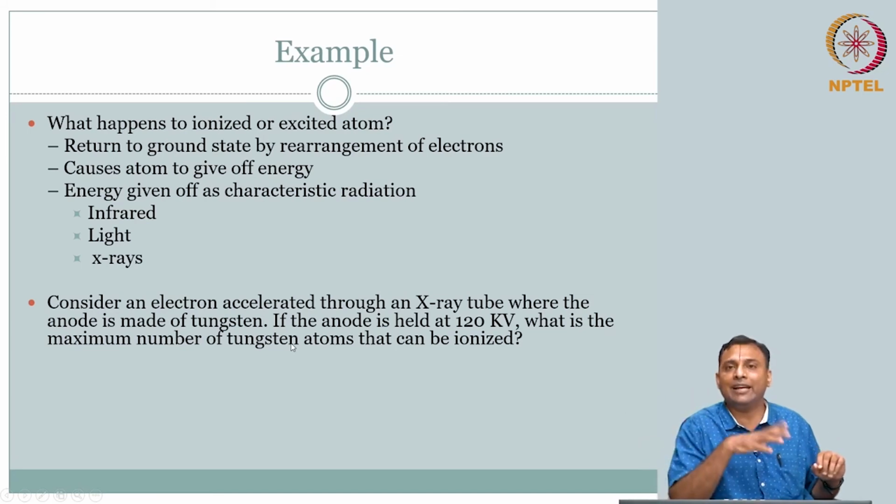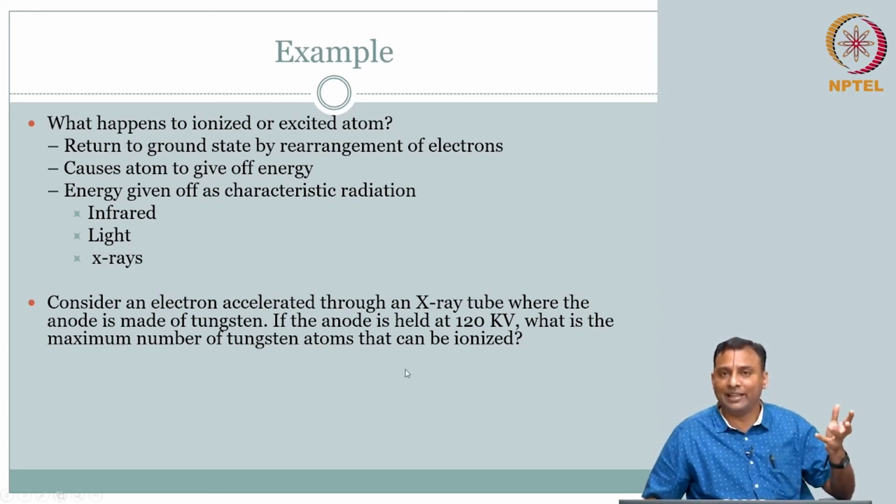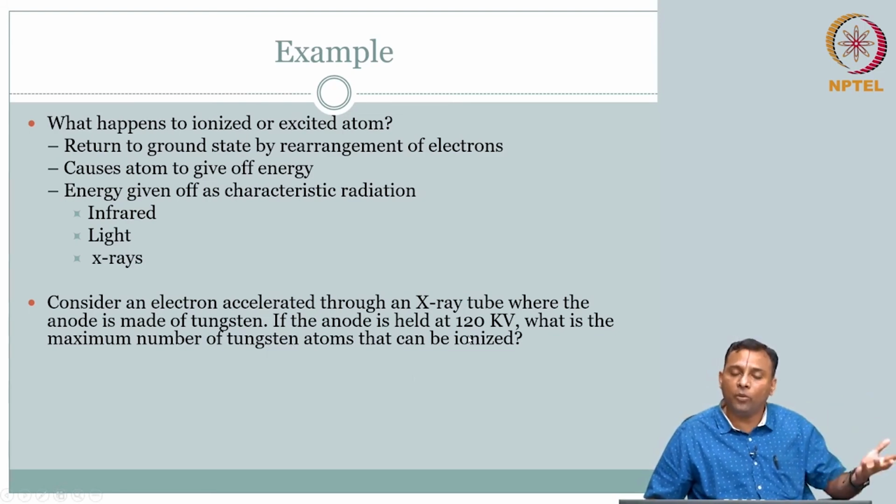If we know the average binding energy of a tungsten atom, then for one electron to leave, one atom to be ionized, I need so much binding energy. If I hit with 120 kilo electron volt, how many atoms can be ionized, simple.